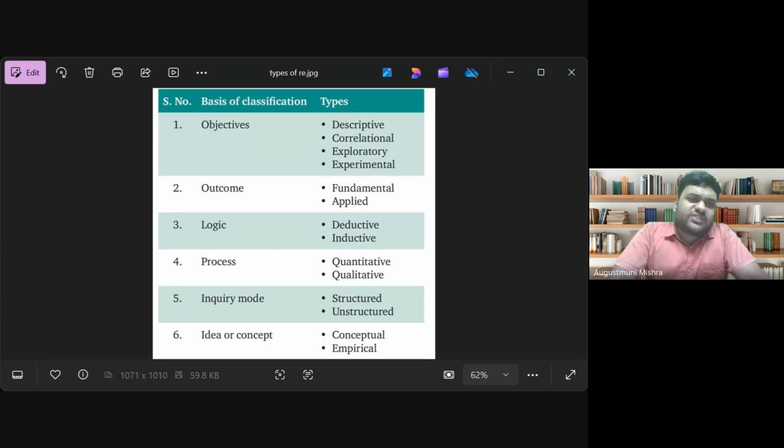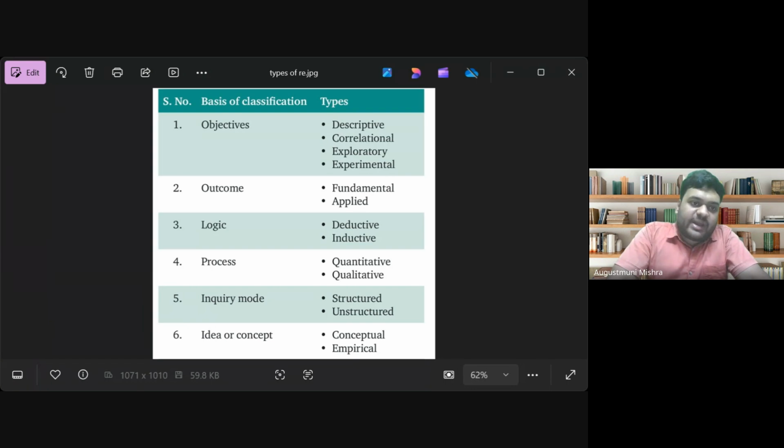The first one is cross-sectional study, another one is longitudinal study. Whenever you are doing one-time interaction or one-time data collection, that is a cross-sectional study. But whenever you are collecting data again and again from the same individual or the same group of people, that comes under the longitudinal study.